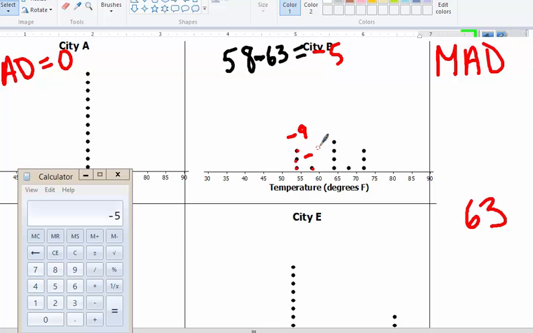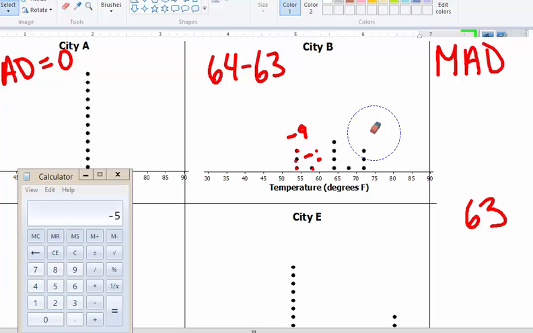There's only one of them, so this one will be easier. Okay, this is 1, 2, 3, 4. This is 64 minus 63. And then what do I get? Well, this one I can do without my calculator, but since I have that tool, I'm just checking. 64 minus 63, and is that 1?